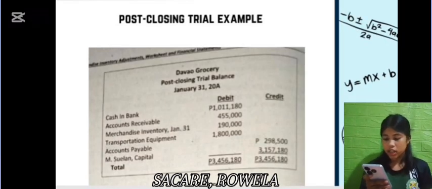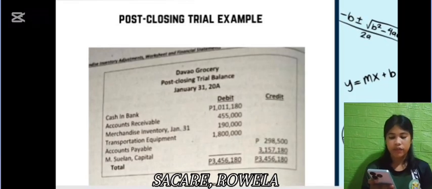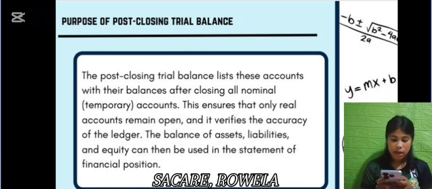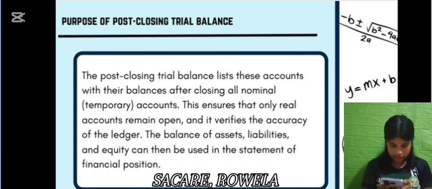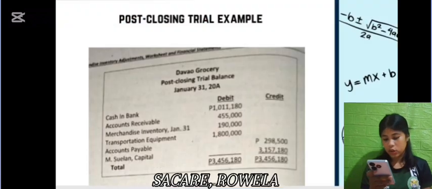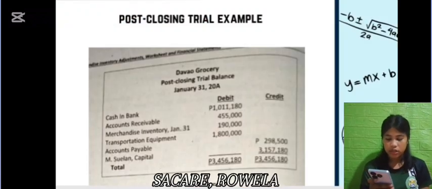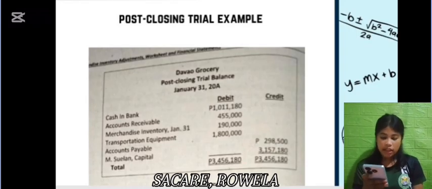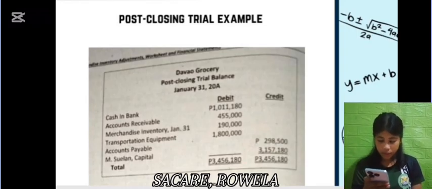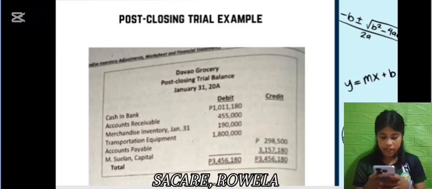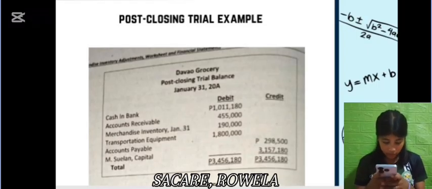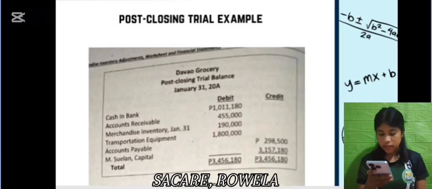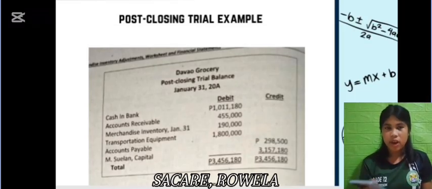Here's a breakdown of each section. Assets. Cash in bank shows multiple entries for January. Each entry includes both debits and credits that affect the cash balance, and the final balance for this account, calculated by totaling debits and subtracting credits, is 1,011,180.